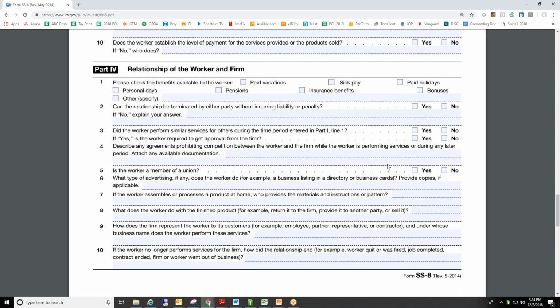And then it talks about the relationship. Does the worker get paid time off, sick pay, holiday pay, bonuses? So if you look at this form, this is really going to dictate what kind of questions they're looking for, and if that worker needs to be an employee or can be a contractor.